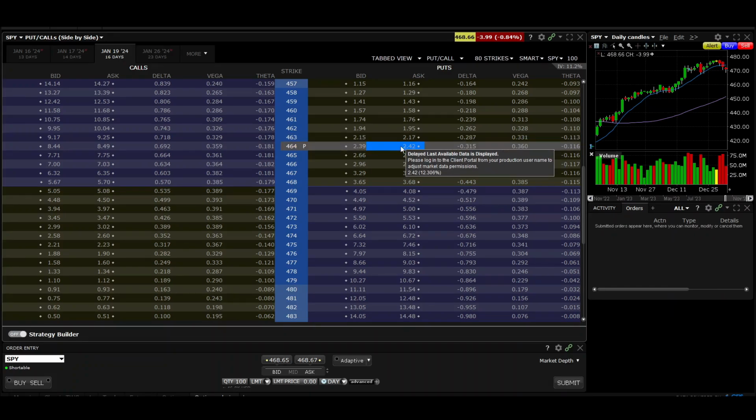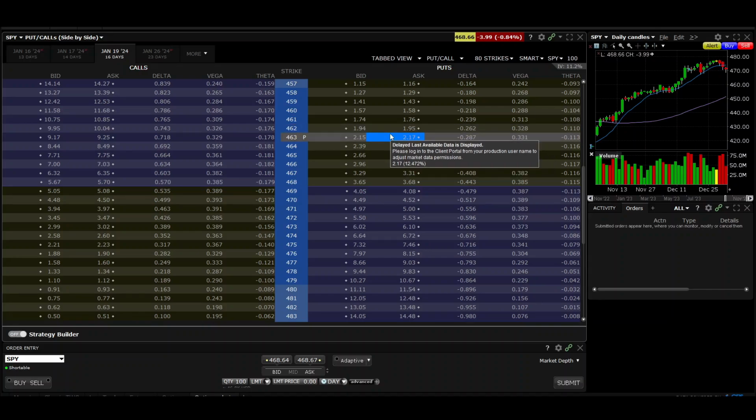Finally, there is an additional dimension to the options chain, which is basically a time dimension, and it is related to the fact that all options have an expiration date. So over here, you can see that the options displayed expire in January 19th, 2024.